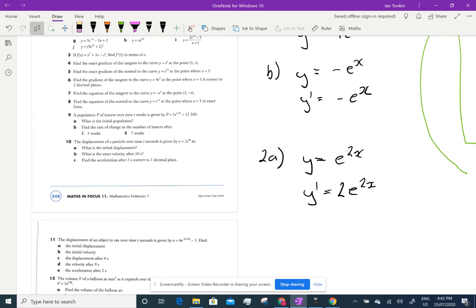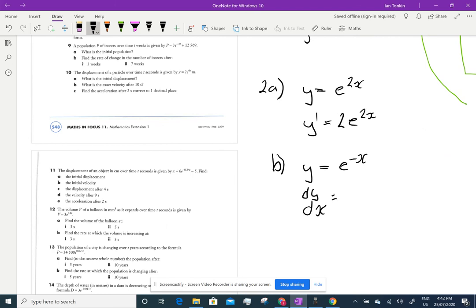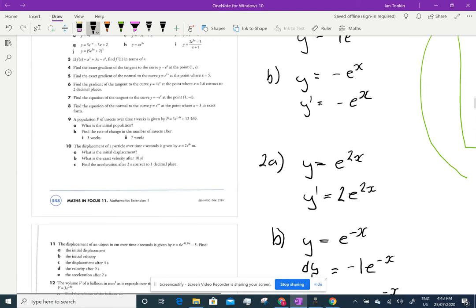Have a quick look at b. y equals e to the negative x. Well, the derivative, dy dx, is the same thing, e to the negative x, multiplied by the derivative of the exponent. Well, that's minus 1. Now you can write the minus 1, or you can just write minus e to the minus x. And that's all you have to do.